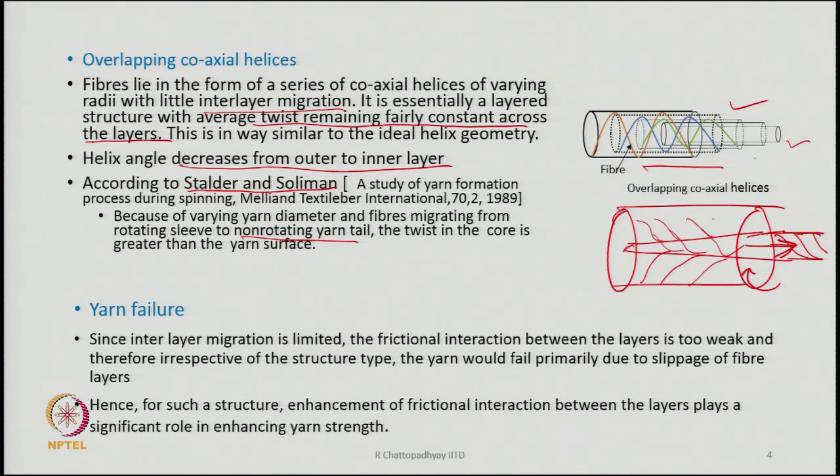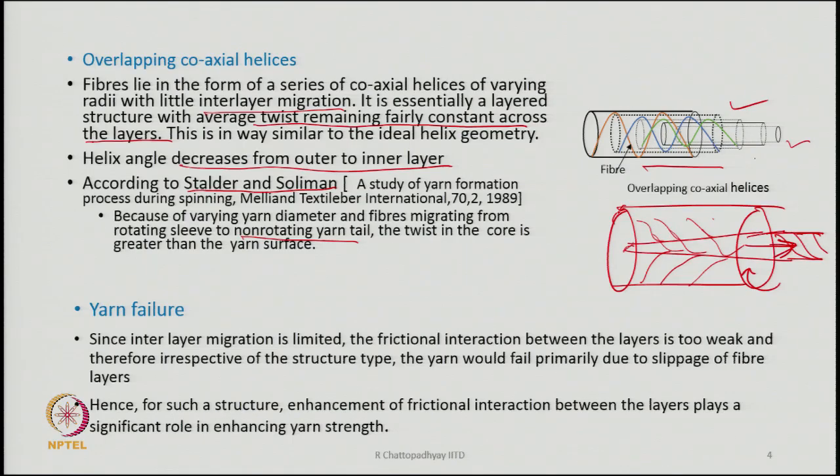There the fibers are landing on the drum and they are forming a kind of rotating cloud, a rotating sleeve, and the rotation of the sleeve is actually causing fibers. Somehow the sleeve is not very smooth, it consists of a large number of fibers, and therefore, from the inner surface of the sleeve, fibers come into contact with the yarn tail.